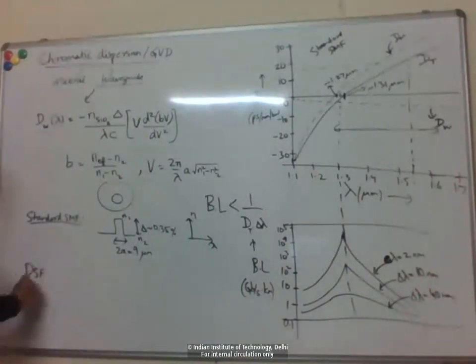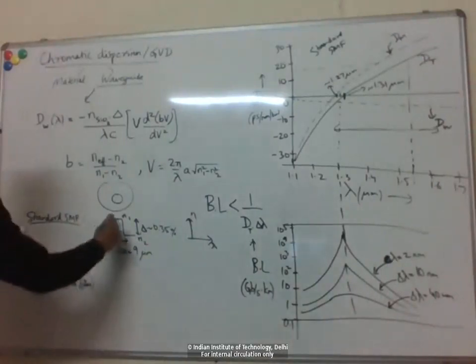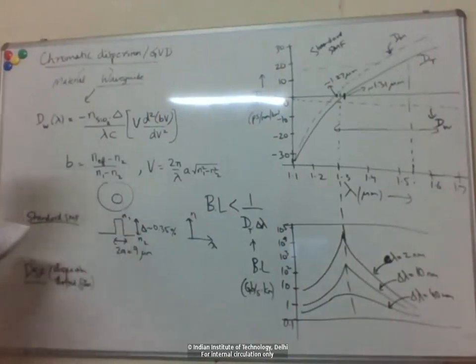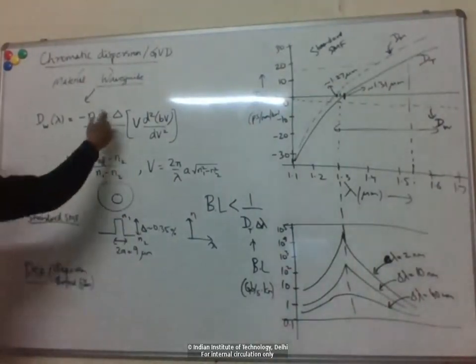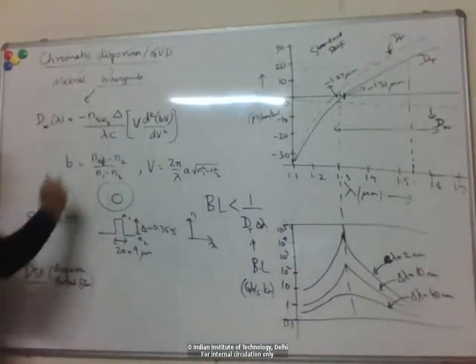You can get what is known as a dispersion shifted fiber, DSF, by just changing the core size and this index contrast a little bit. This waveguide dispersion scales with this index contrast.